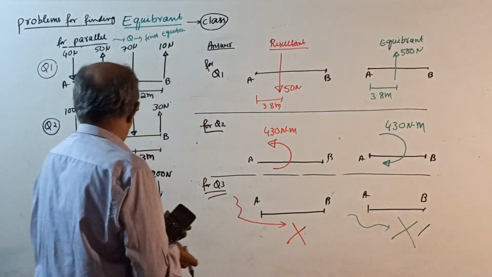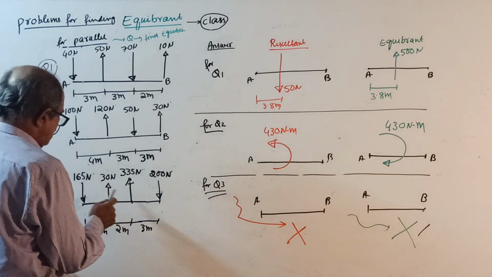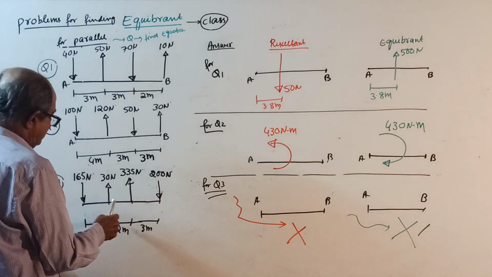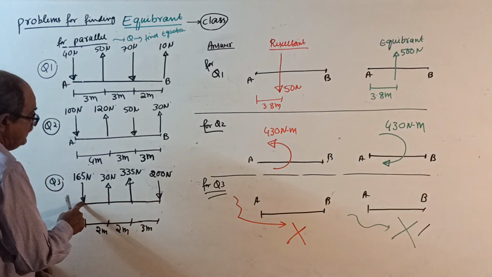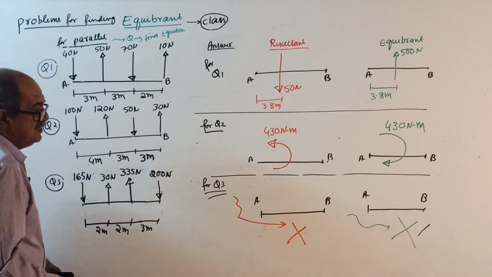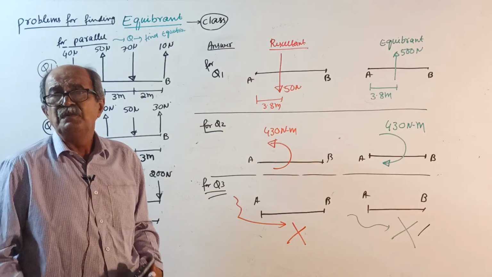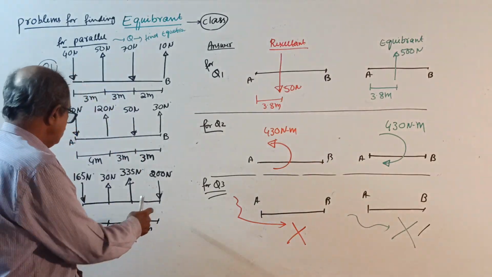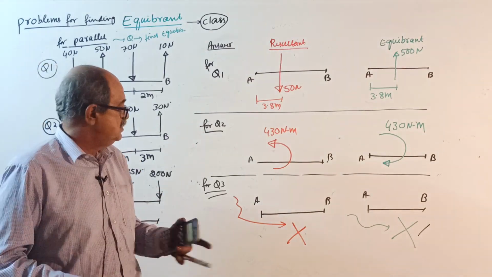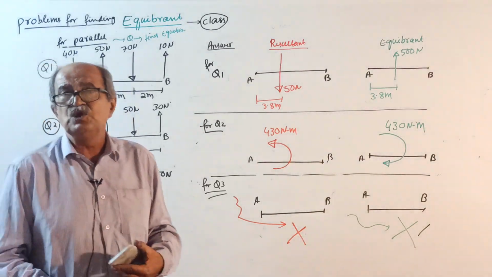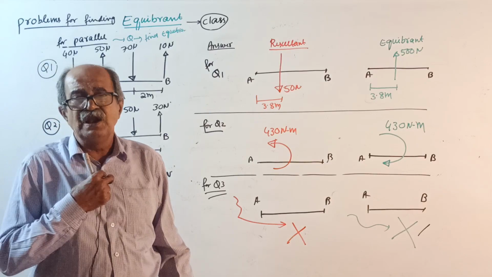Okay, then come to the last question. Here, find the resultant. 165 down, 200 down. That is 365 down, 365 up. Resultant force vanishes. But resultant couple can come. Take moment about any point, but when you take the moment, it will become 0. So in this question, resultant force will come 0, resultant couple will also come 0.